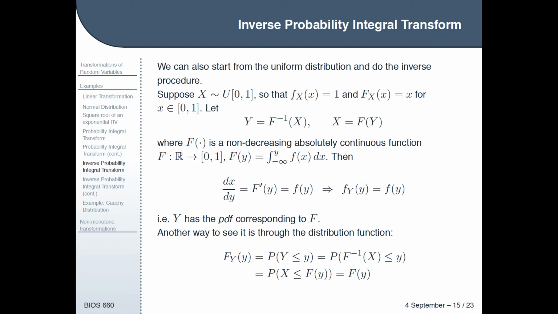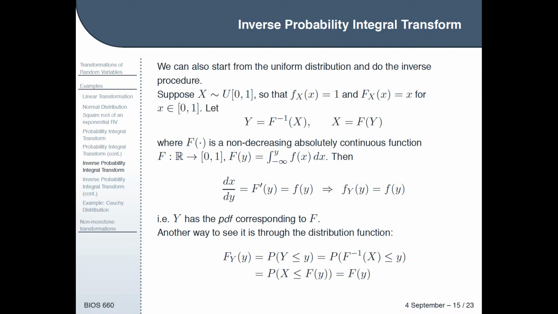If we want to find the cumulative distribution function for this new random variable Y, defined to be the inverse of some CDF, that's the probability that this new Y is less than or equal to y. It's the probability that F inverse of X is less than or equal to y, which, of course, is the probability that the uniform X is less than or equal to F of y, and since the CDF of the uniform distribution is just x, that's just equal to F of y.